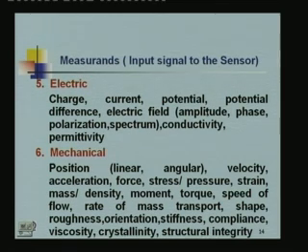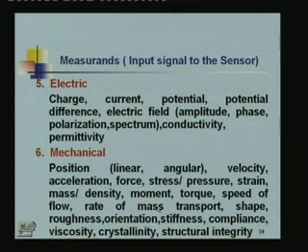And another one is a mechanical energy or mechanical signal. It has got enormous number of measurements, like position. What do you mean by position? Position means it is a linear movement or angular, both are there, both called as a position.